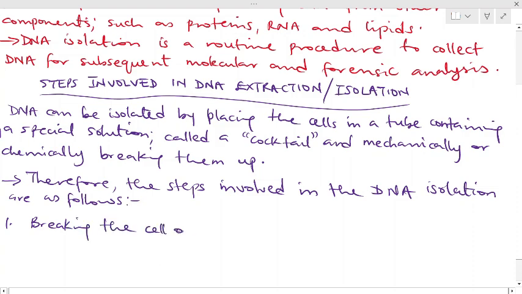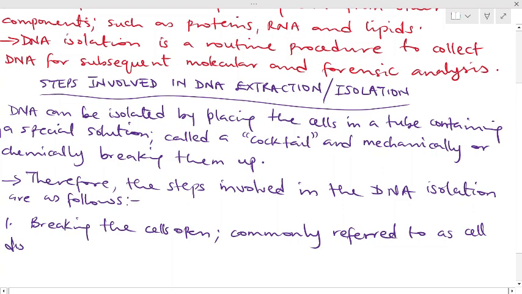That's the very first step in DNA isolation, and this is commonly referred to as cell disruption, like we earlier said, or cell lysis.